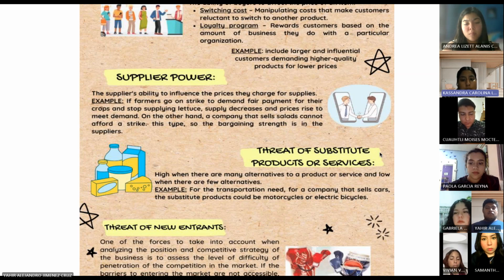These products or services are a threat because they usually establish a limit to the price that can be charged for a product, which is why you must always be attentive to developments in the sector and the influences that the development might have on your organization. For example, for a company that sells cars, the substitute products could be motorcycles or electric bicycles.